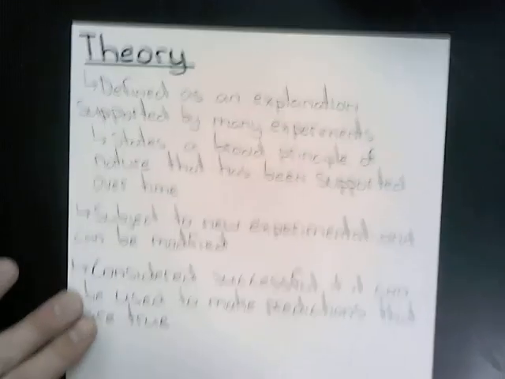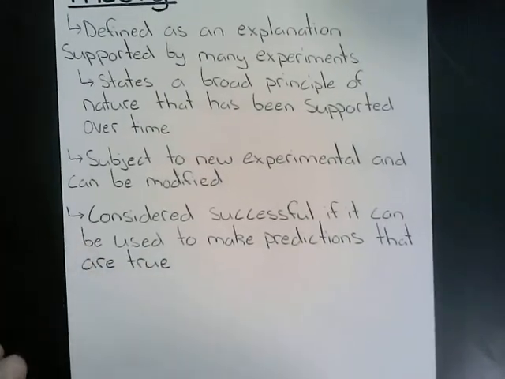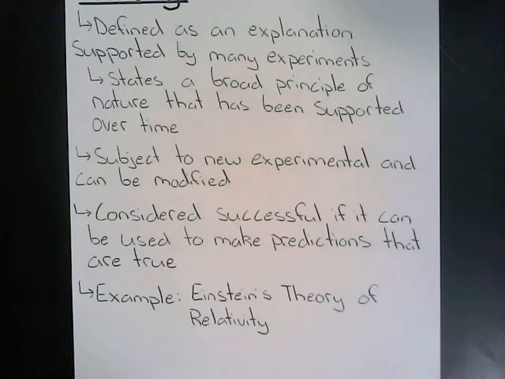Now, a great example of a theory is Einstein's theory of relativity. So Einstein's theory of relativity is a theory in which we have some connecting ideas between the universe and some physics concepts associated with it.